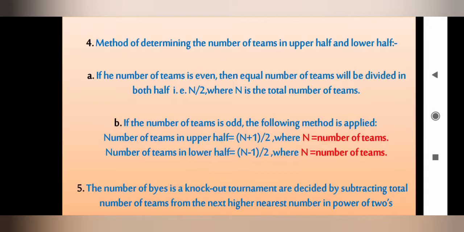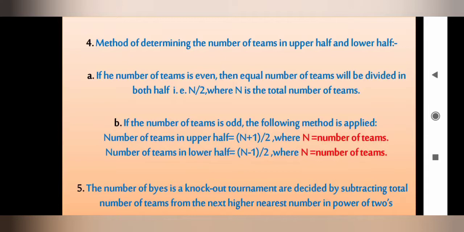So in the upper half the formula is n plus 1 upon 2, and in the lower half the formula is n minus 1 upon 2, where n represents the number of teams.